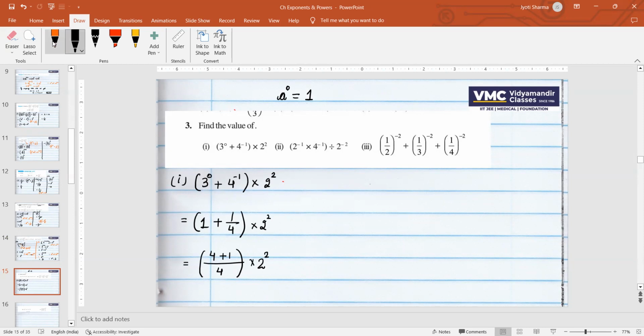In this, I have applied two laws. This is one. One more I have applied. This has become 5 raised to the power 4.